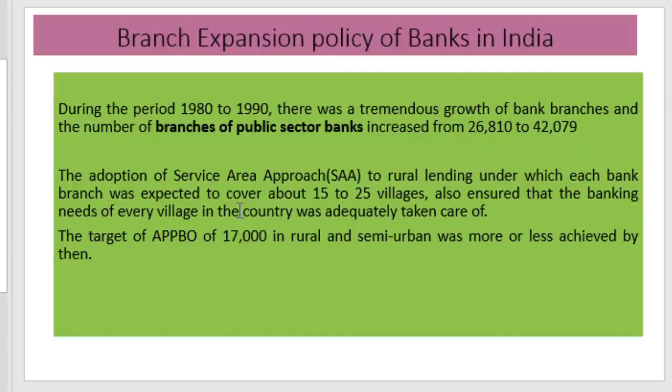After the adoption of the service area approach as a result of the lead bank scheme for rural lending, under which each bank branch was expected to cover 15 to 25 villages, it was also ensured that the banking needs of every village in the country were adequately taken care of. The target of average population per bank office of 17,000 in rural and semi-urban areas was more or less achieved by this period. By 1990, we had achieved this target of 17,000 average population per bank office.